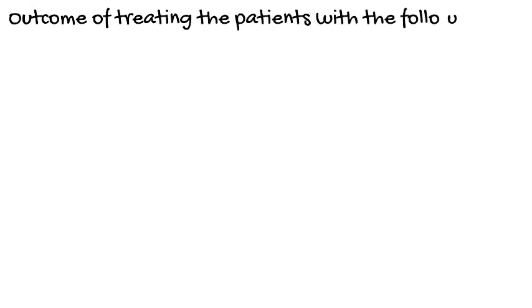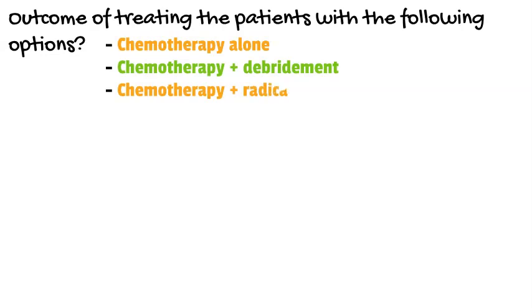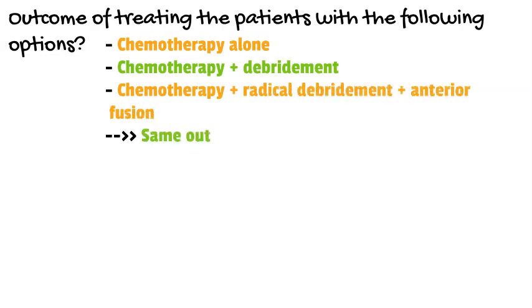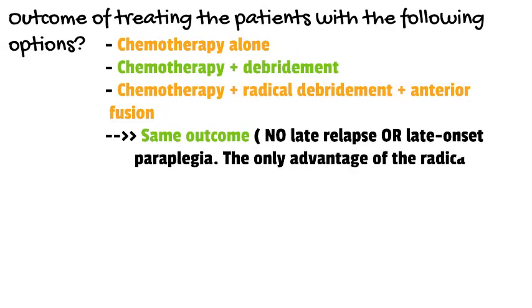Outcome of treating the patients with the following options: either chemotherapy alone, or chemotherapy and debridement, or chemotherapy and radical debridement plus anterior fusion. It has the same outcome, with no late relapse or late onset paraplegia.